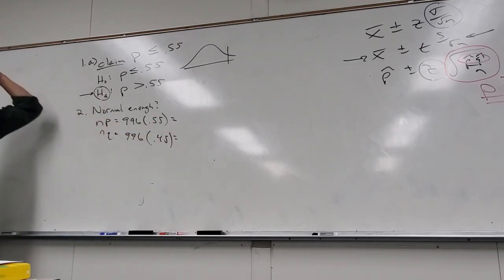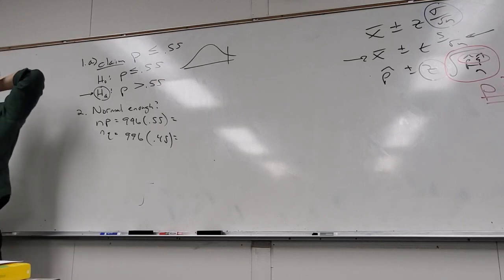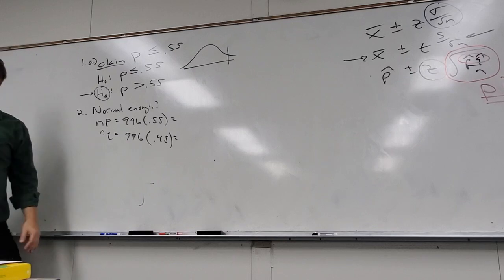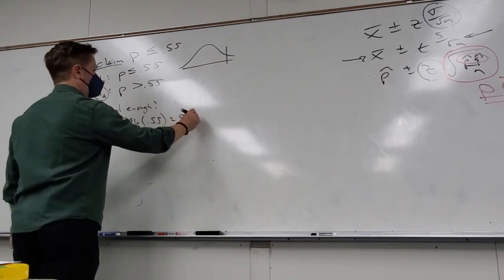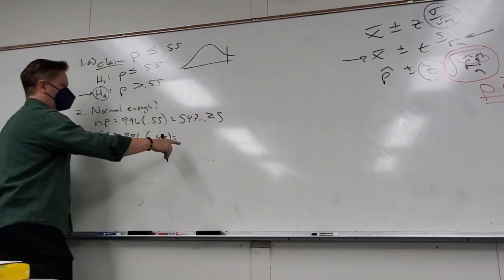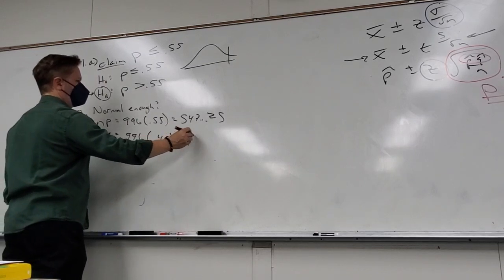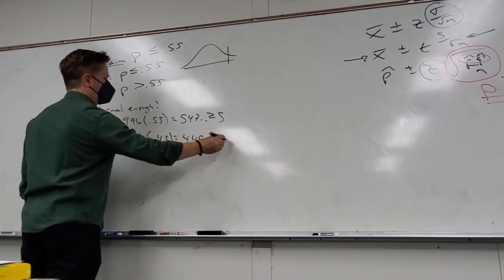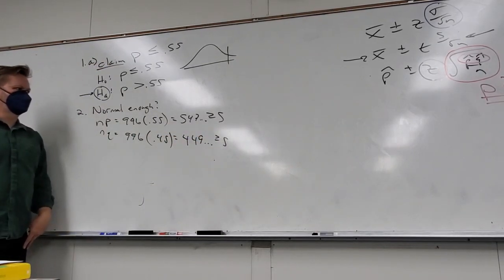So help me out. What is that? It's 547 point something, that's at least 5, and this is going to be 449 point something, and that's at least 5. I believe.